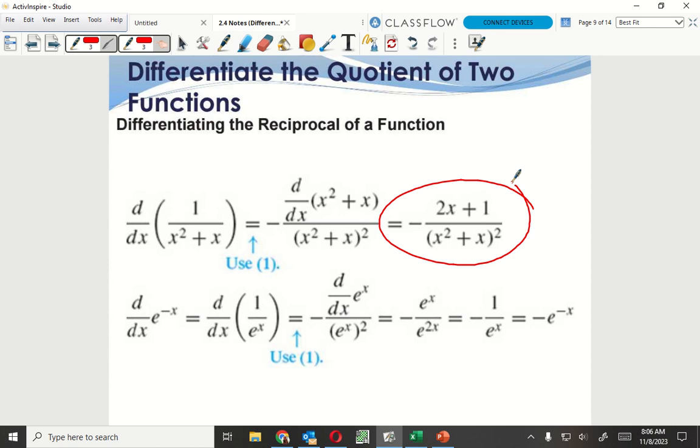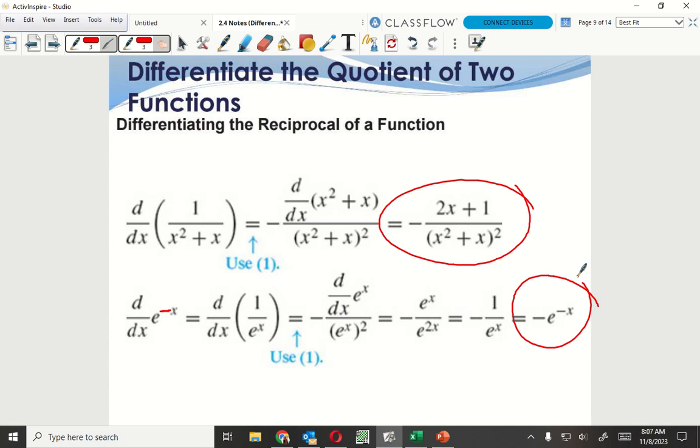Same thing. If we do this one right here, we start off with this, so the derivative of e to the negative x, which is 1 over e to the x. Go all the way around, and we come up with this again, because we know the derivative of e to the x is e to the x. So the e is one of these that you really need to pay attention to.